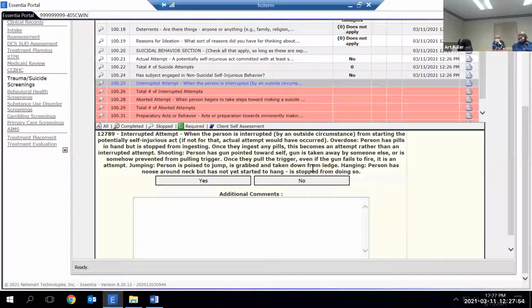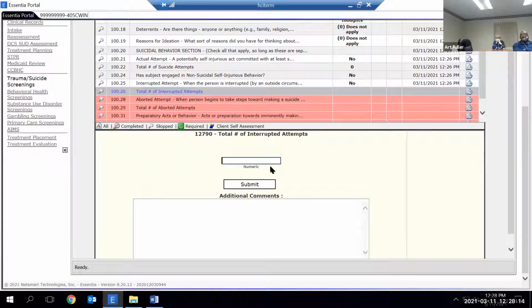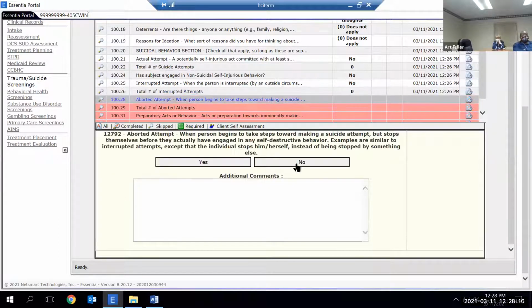He has had no interrupted attempt as well, but if you were doing an assessment, you want to make sure that you would ask, okay, how many times have you actually been interrupted by a person or an outside circumstance that stopped you from doing it, and get that information, and then the number. And then aborted attempt.